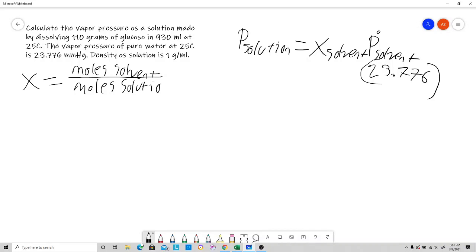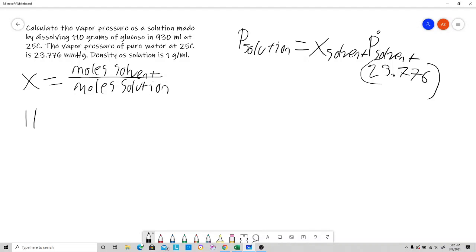Right here it gives us that there's 110 grams of glucose. So we want to turn that into moles so we can add it into the moles of solution. So let's do that first.